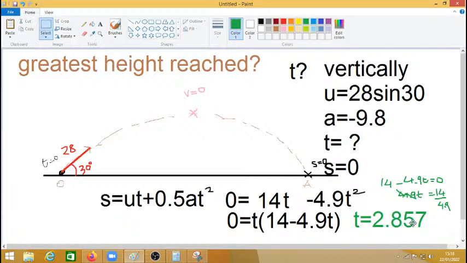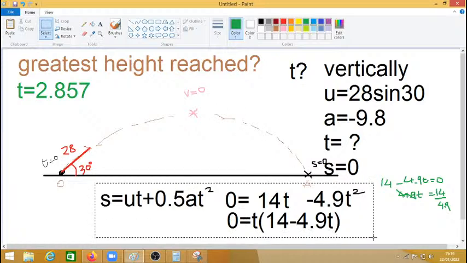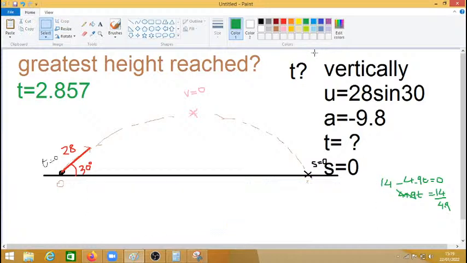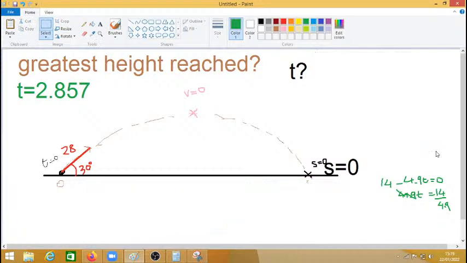So we've worked out the greatest height, we've worked out the time taken, and now the next thing is to work out the distance from the beginning where it's fired into the air to the end where it hits back the ground. So that means we do have to look at it horizontally. So let's look at it horizontally and see what we know and what we don't know.